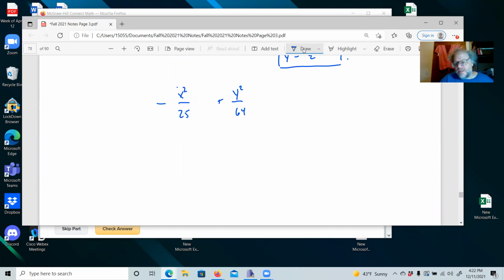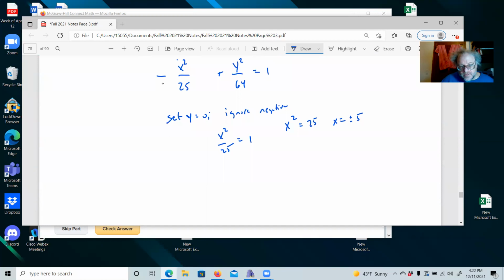I would usually swap them because it's just better to have the positive one first. But we'll set y equal to 0. Ignore the negative. Okay, so we have x squared over 25 is equal to 1. x squared is equal to 25. x is equal to plus or minus 5.